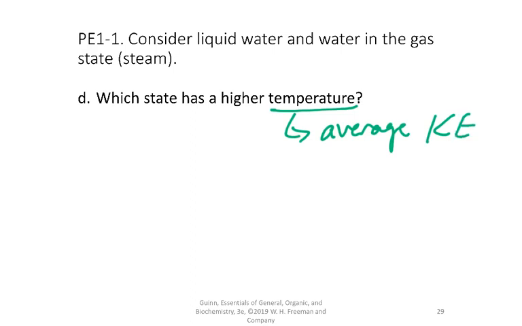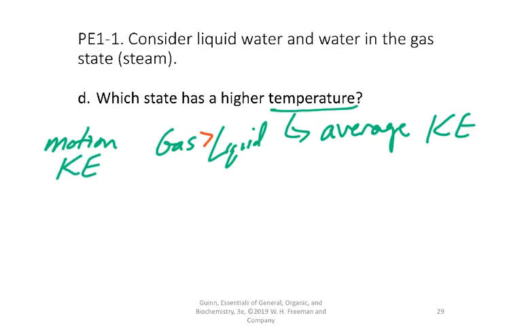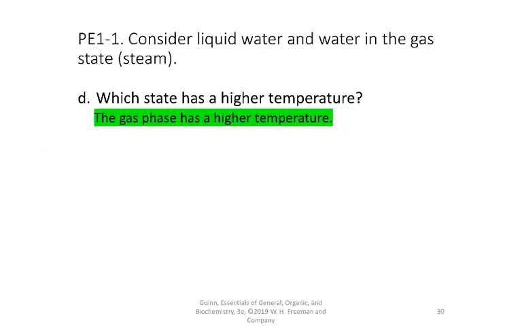And we saw that with motion, gas is greater than liquid. But the same thing is true for kinetic energy of each particle, and therefore the average kinetic energy would also be true. And so it's also true for temperature. So the gas phase has a higher temperature.